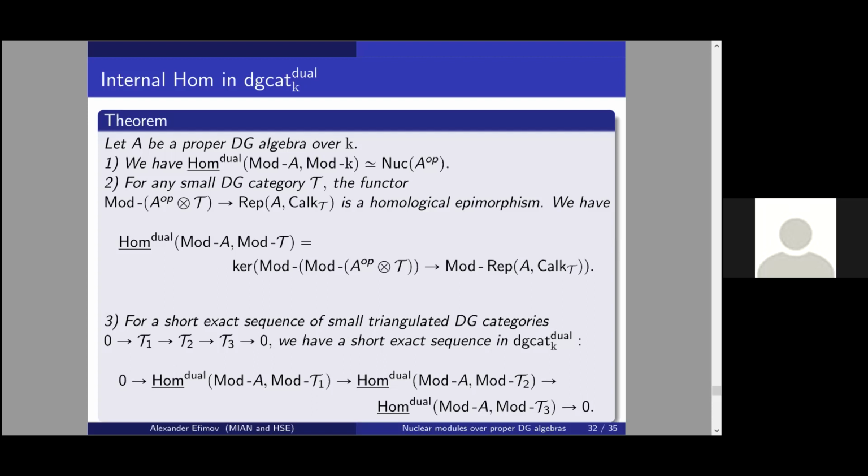Yeah. So in particular, just to stress that in the case of formal schemes, when you consider this Clausen and Scholze construction, it gives a full subcategory of this internal Hom, a full subcategory with continuous right adjoint.